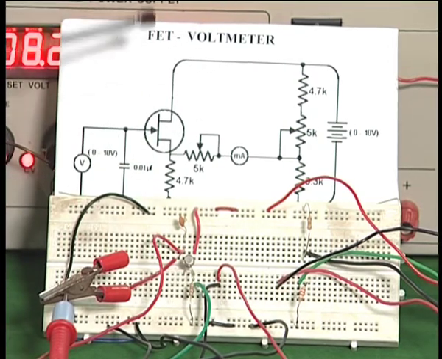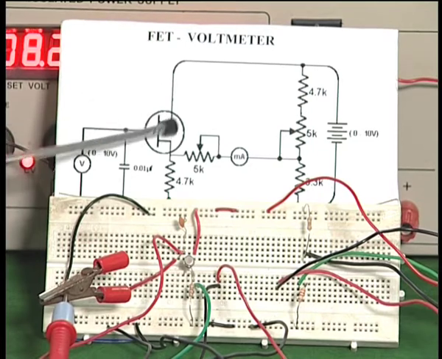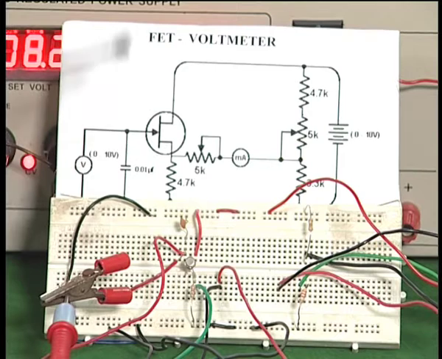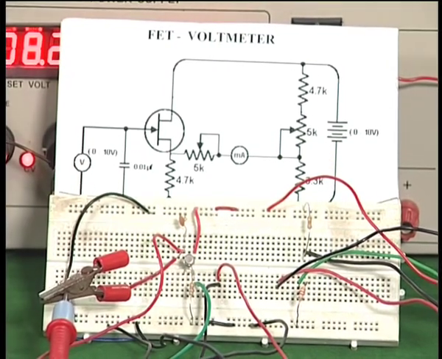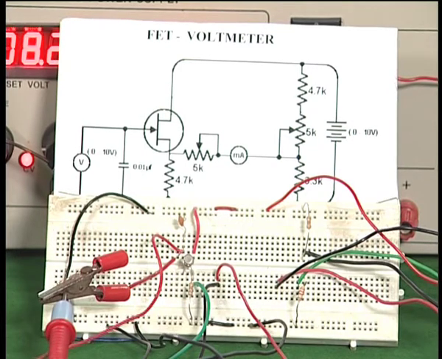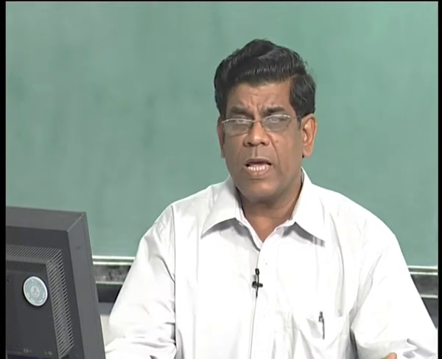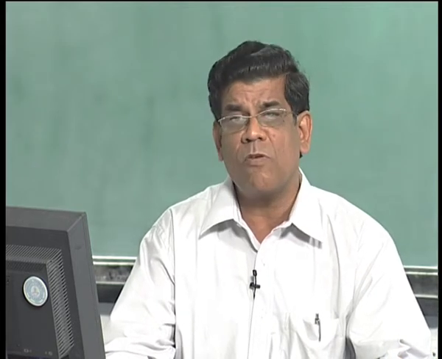So it becomes a high impedance, almost ideal voltmeter because I am using a field effect transistor which requires reverse bias at the input, and therefore this is a very good example of an application circuit of the field effect transistor. In the past few lectures you would have seen the basic concepts in electronics explained in a very practical way.